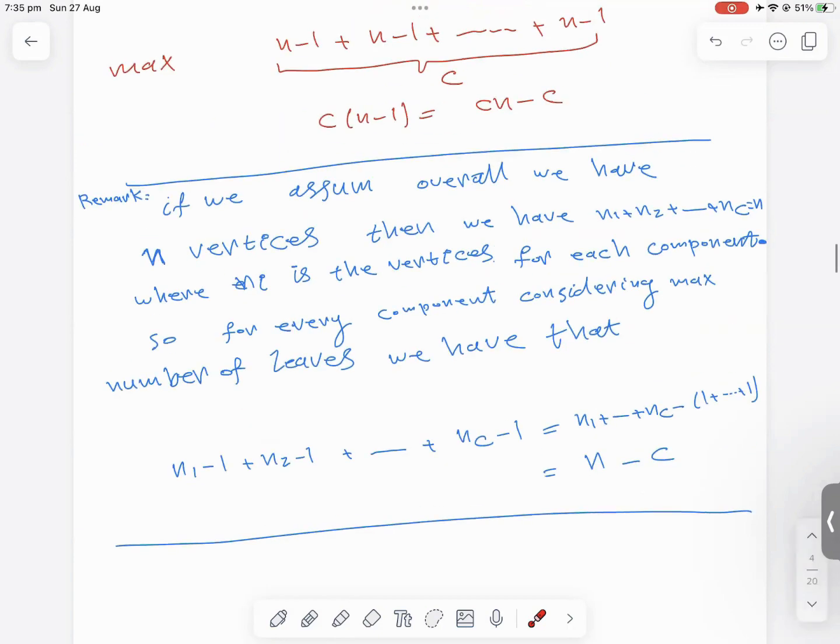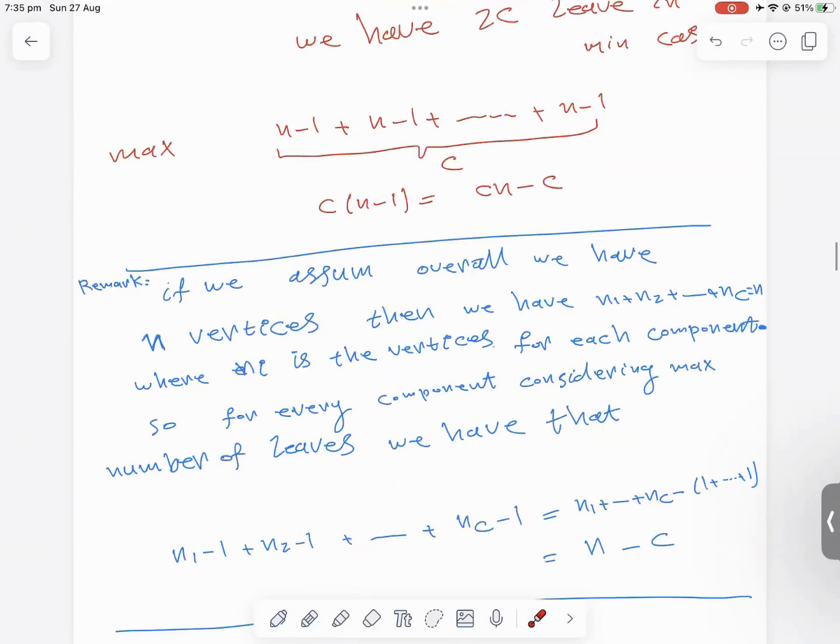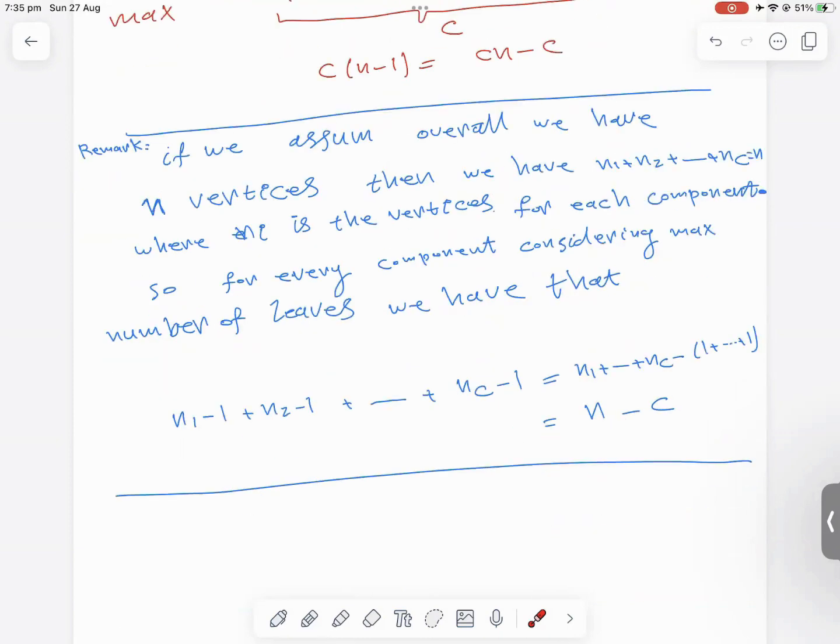But if we have n vertices for each component, then the previous answer will be right. So assuming we have just n vertices, we will have at most n minus C leaves in our forest.